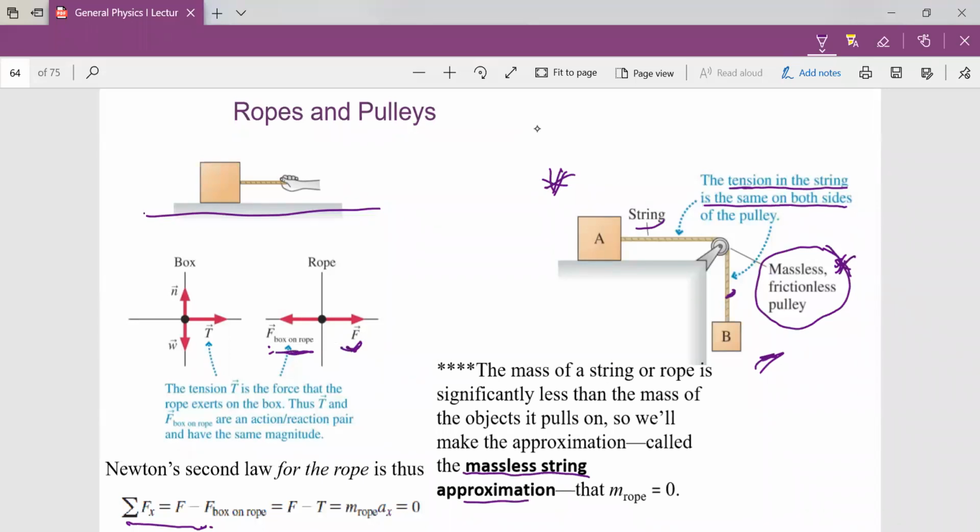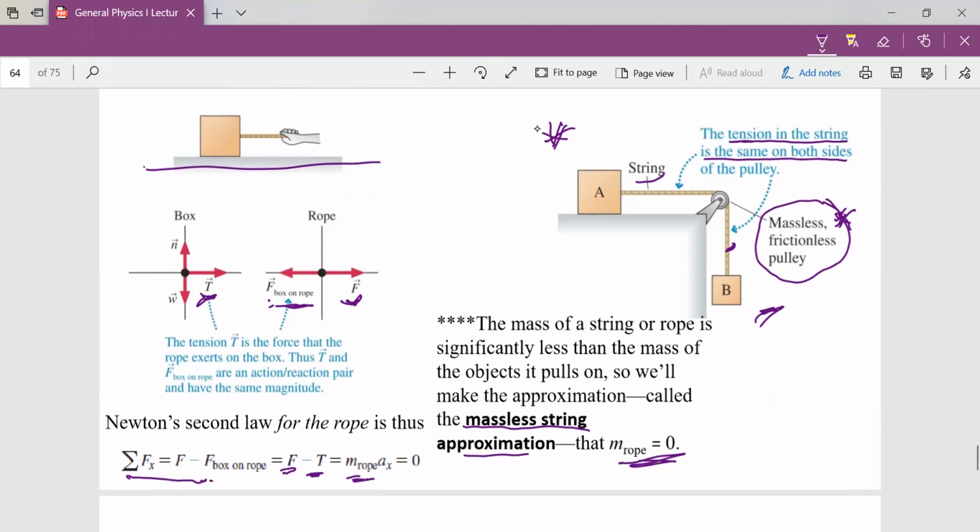Okay, the tension force is the force from the pull. So we'll have that the force from the hand minus the tension force equals MA, the mass of the rope, and it becomes 0 because the mass of the rope is already 0 from the massless string approximation.